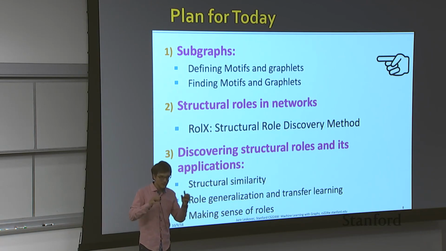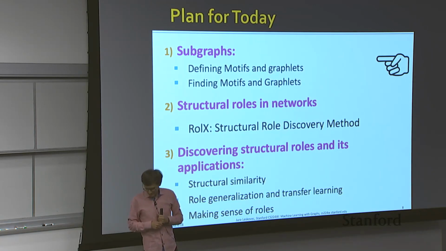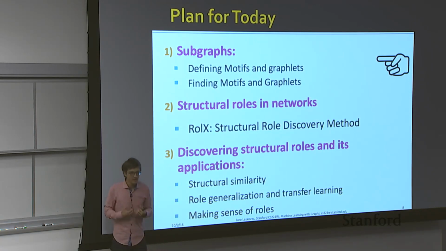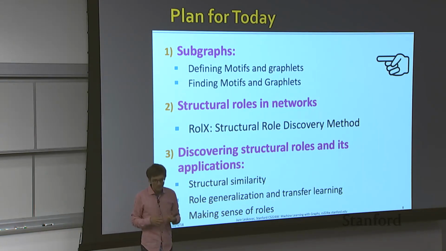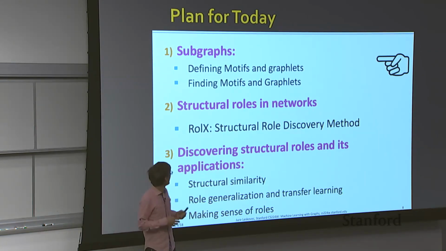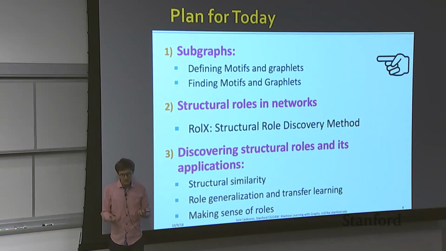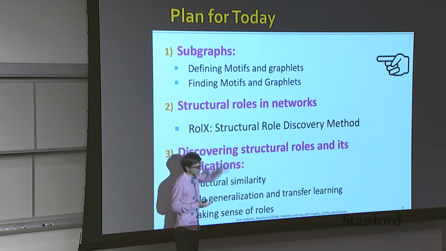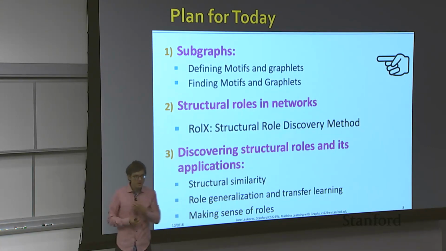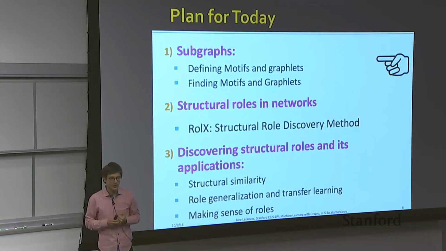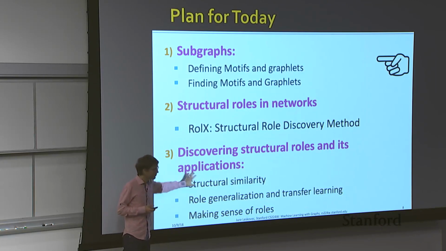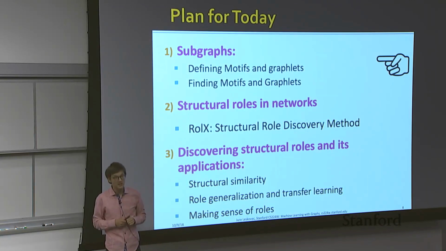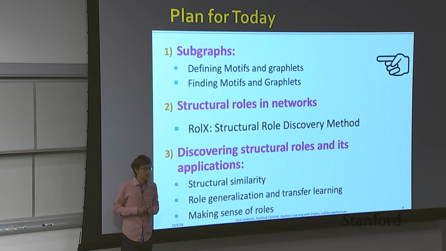First, we will talk about subgraphs, and we will define a notion of network motif, and we will define a notion of graphlet. And then I'll talk about algorithms to find motifs and graphlets. Then, using these concepts, we will talk about how we discover structural roles of nodes in the network. And then I'll show you some applications of these things. Okay, so that's the plan for today.